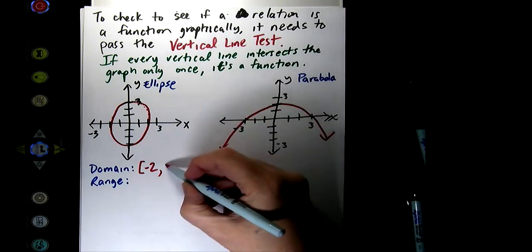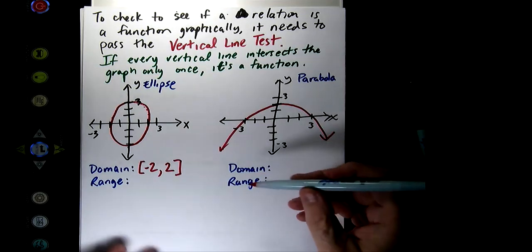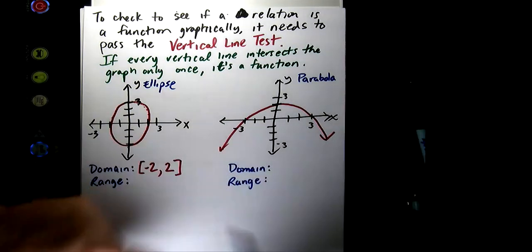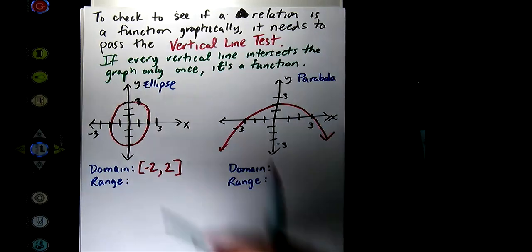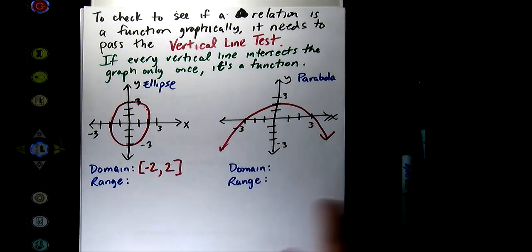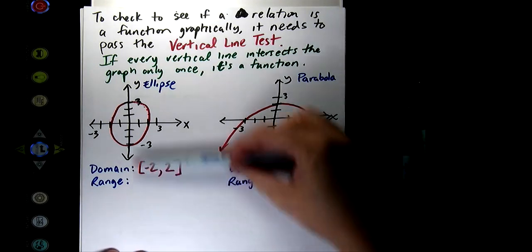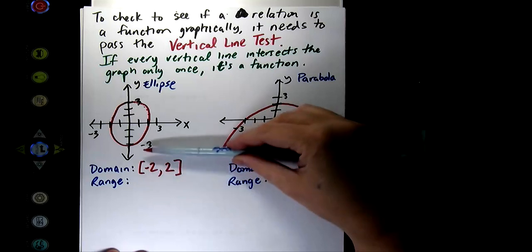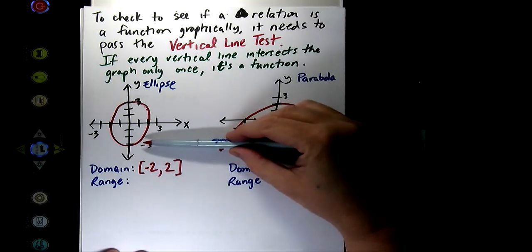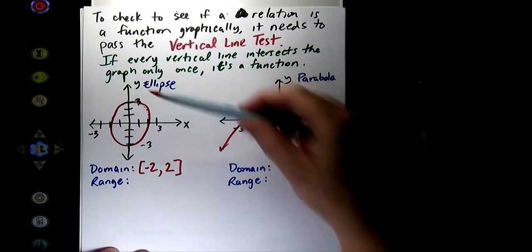And I get over to +2 and it stops there. The range, we start at the bottom and go up. The first time we hit the graph is at -3. And the last time we hit the graph is at +3.